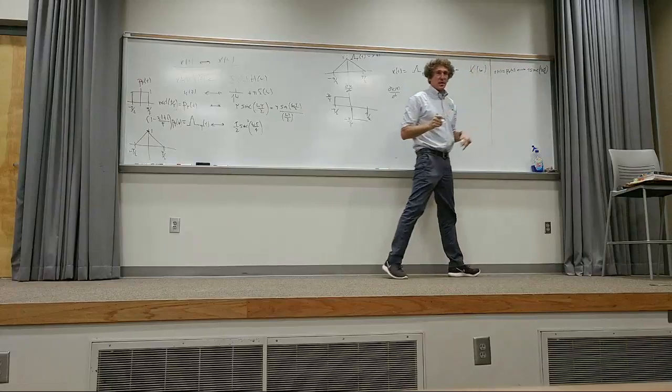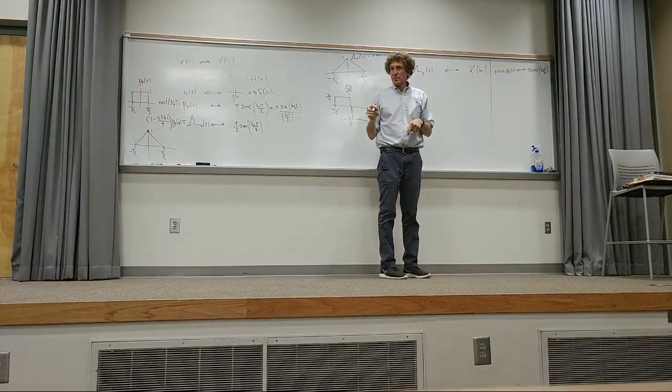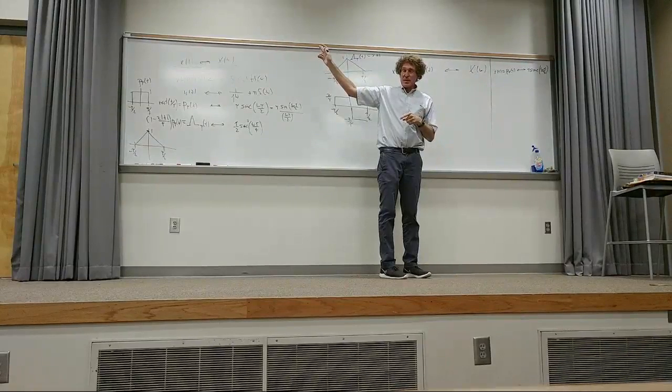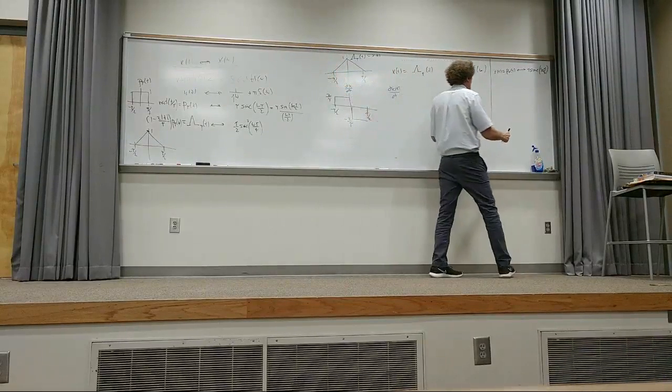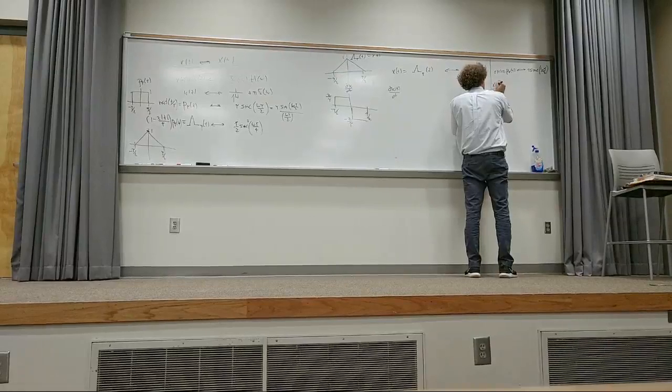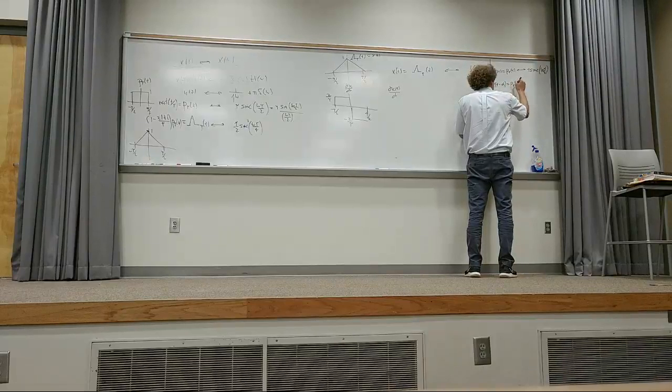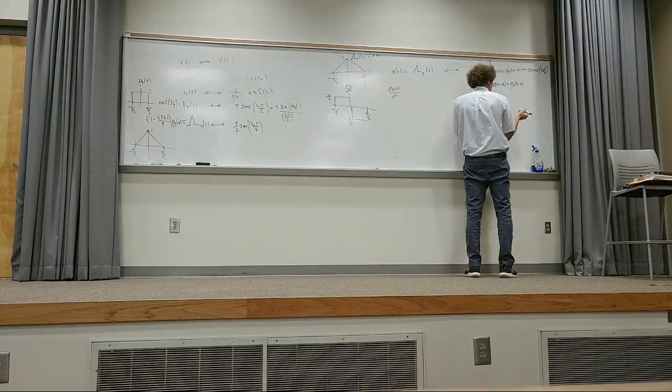Everybody agrees with that, correct? I wrote it up there. You've got to know this. Do you agree, class? Now, what happens if I have x of t minus, say, alpha? That's p tau of t minus alpha, right?